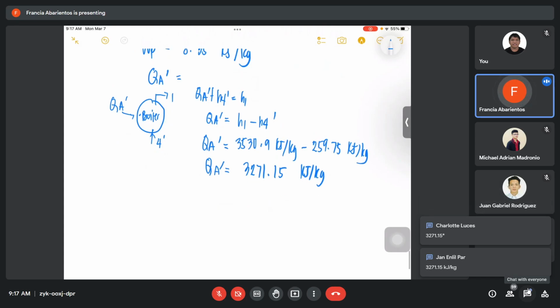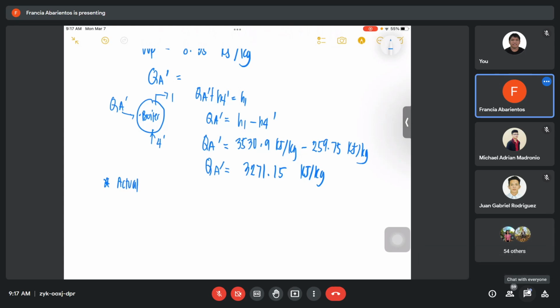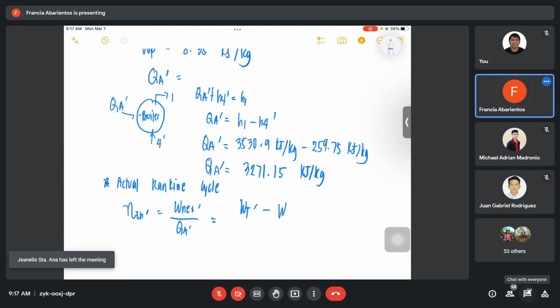Finding for the in an actual Rankine cycle, we compute now for the actual thermal efficiency. So go to the work net over the heat added, work of the turbine minus work of the pump, actual heat added.